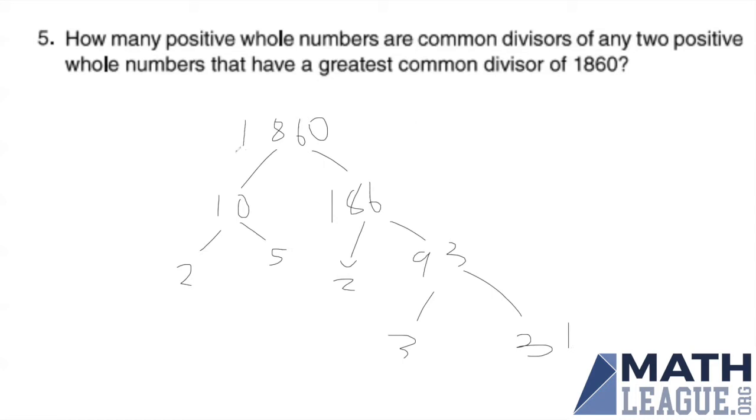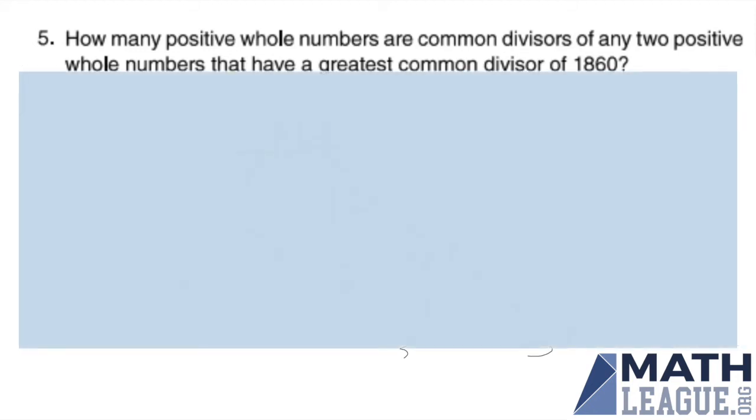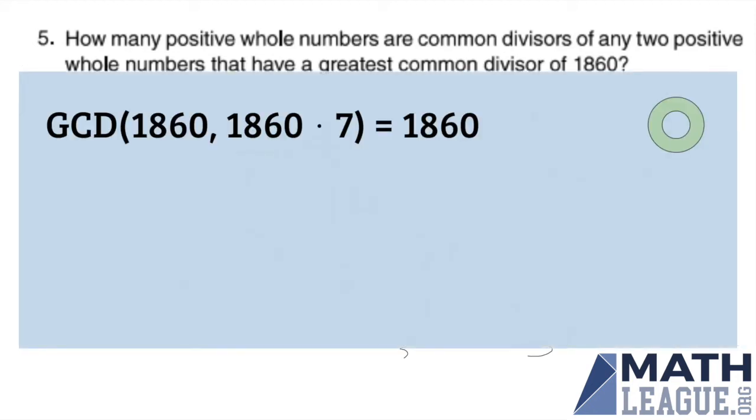So let's have another example of two whole numbers that have a greatest common divisor of 1860. Again, these are two numbers that have a GCD of 1860, and we are looking for how many positive whole numbers are common divisors of both of these numbers.